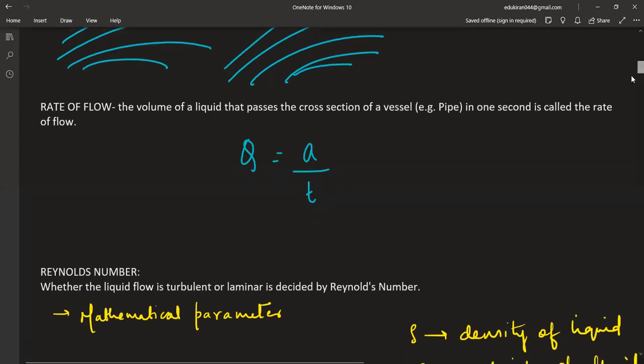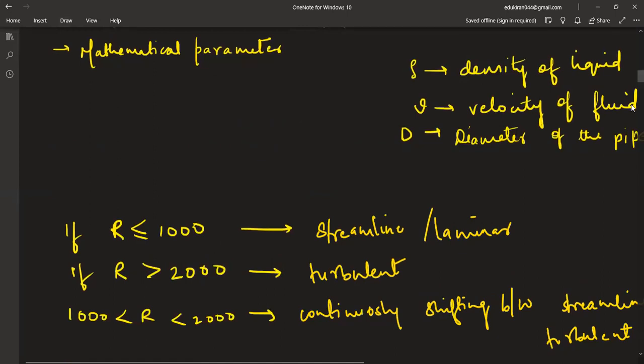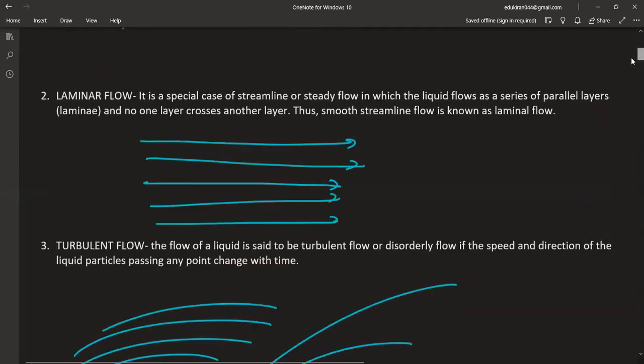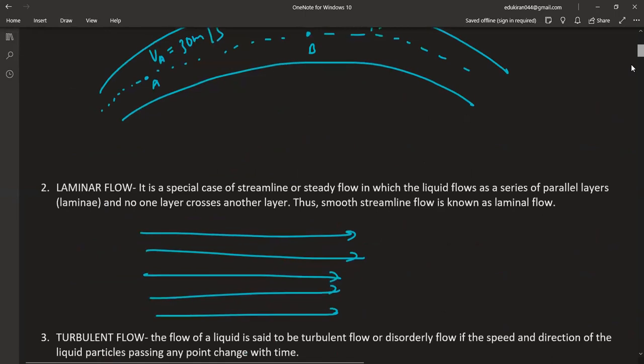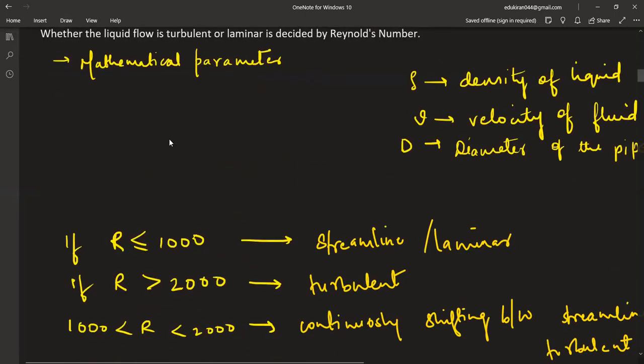Now coming to Reynolds number. Reynolds number is basically, see, three things we have studied: laminar flow, turbulent flow, and streamlined flow, right? So there's a formula. How do we predict whether it's streamlined flow, turbulent flow, or a laminar flow? So see, you have a concept known as Reynolds number. Density of the liquid, this is the density of the liquid.